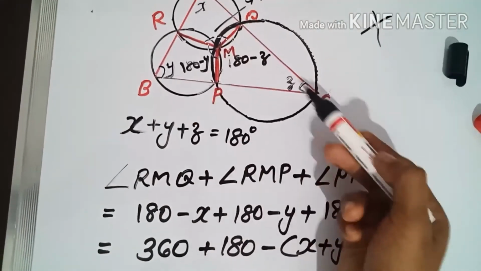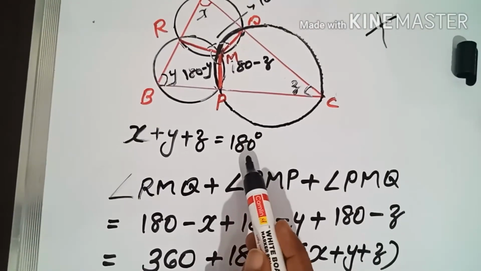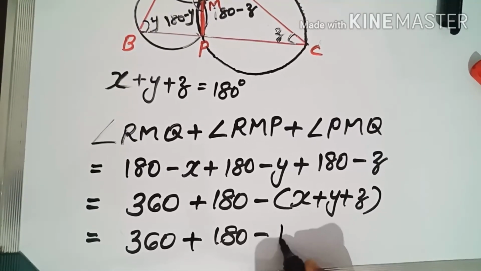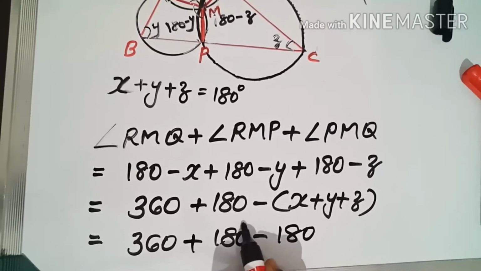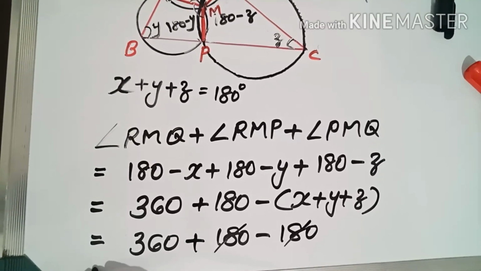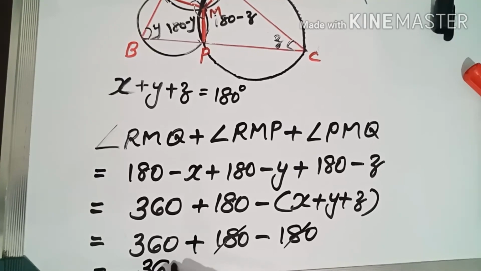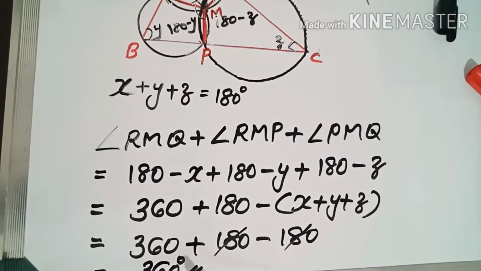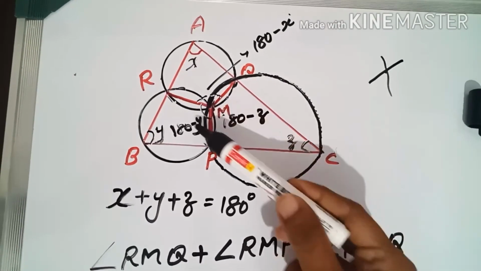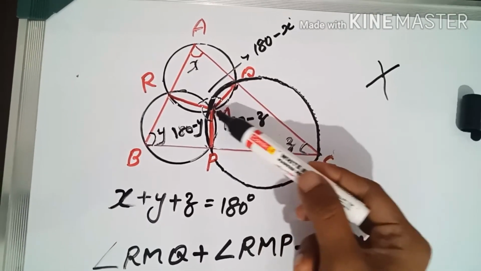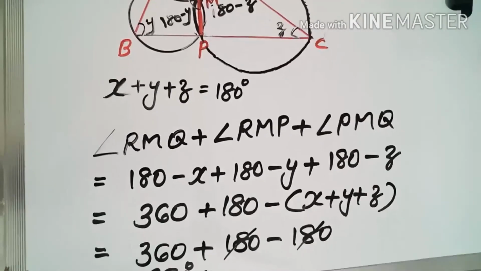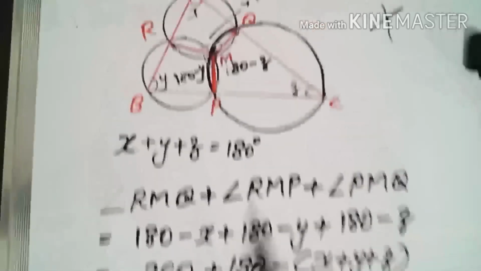The sum of angles of this triangle that we already wrote is 180 degree, so x plus y plus z is 180 degree. Now these two we can cancel, plus 180 minus 180. So the final answer is 360 degree. That means the angle around this point M, the angles of all these three circles, is 360 degree.